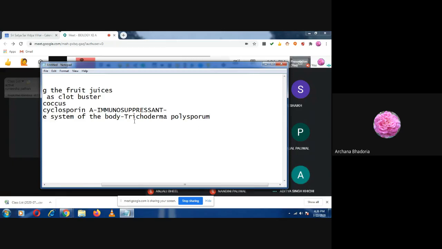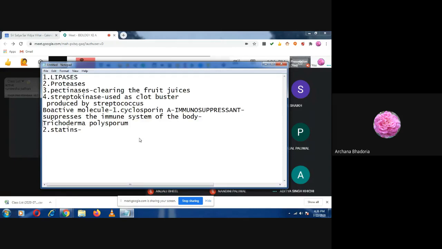Okay, now we take up the next one. Statins. Try to understand that statin helps in lowering the blood cholesterol. So write it down: statin is used for lowering blood cholesterol.